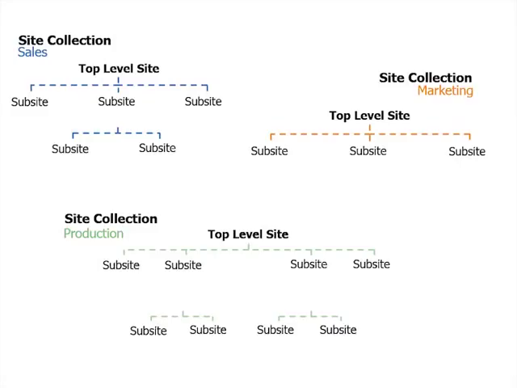And from an administrative standpoint, creating new site collections is easier to manage than continually adding more subsites, which eventually is going to make your site cumbersome and hard to administer. It's much easier to assign a site collection admin to each of these collections rather than have one admin try to manage every aspect of every site.